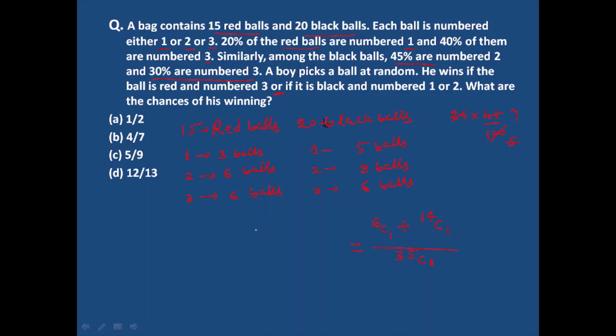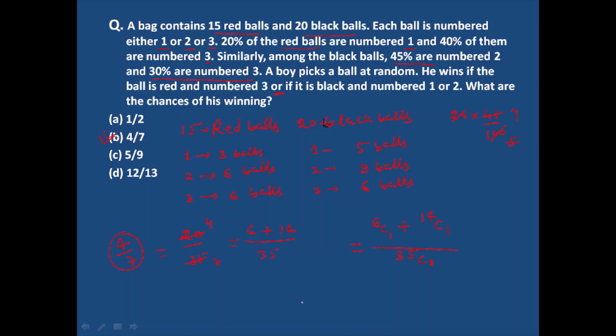If you simplify this, 6 plus 14 divided by 35 gives 20 divided by 35. Simplifying, 5 times 7 is 35 and 5 times 4 is 20. So his chance of winning is 4 by 7. So option B is the right answer.